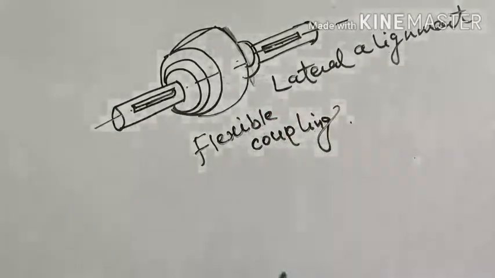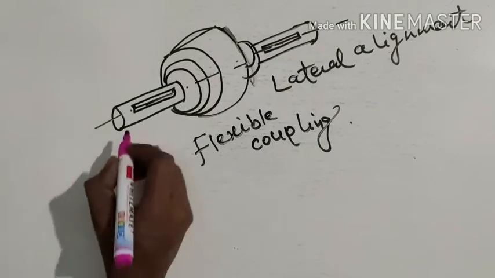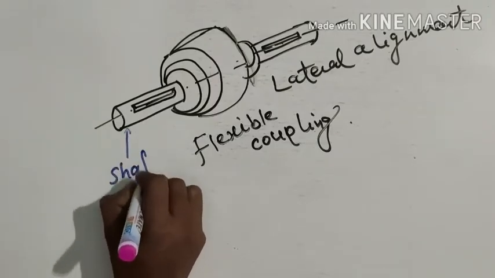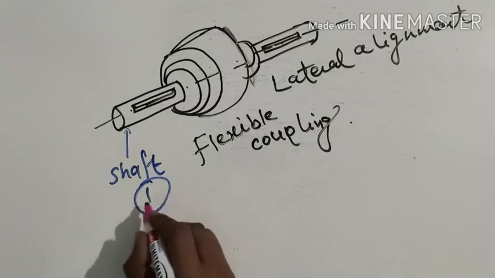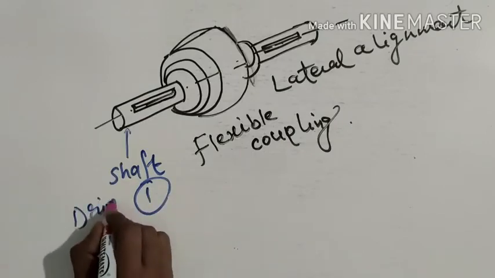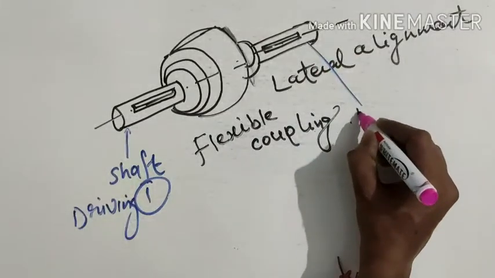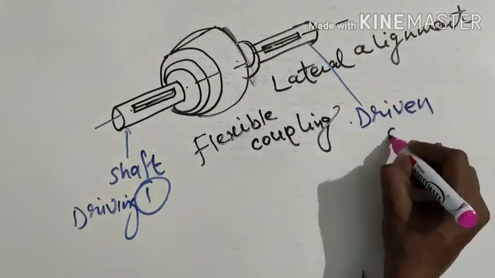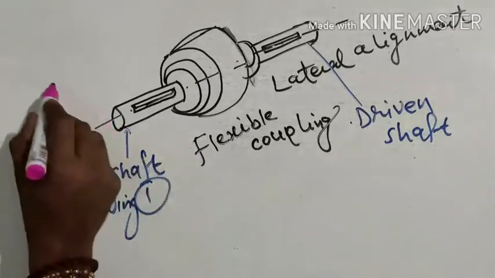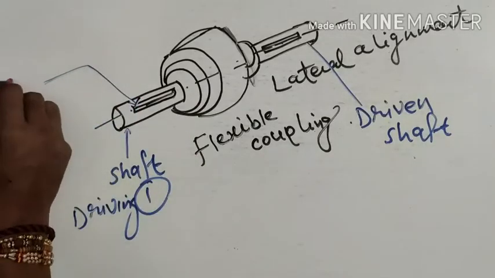So this is enough to tell about the coupling. Right now we introduce the parameters. This is your shaft 1, or you can say the driving shaft, and this one is shaft number 2, the driven shaft, and it has a keyway.